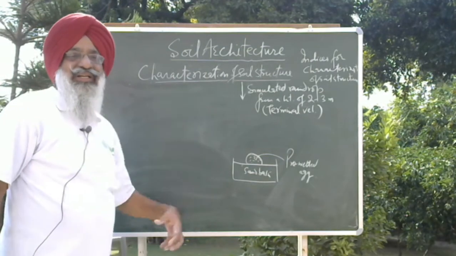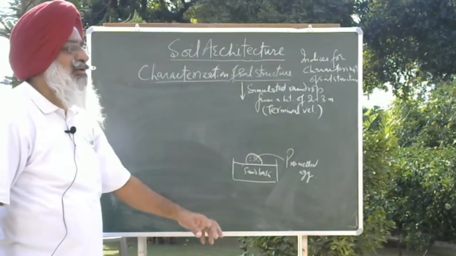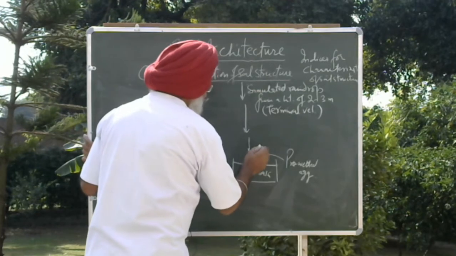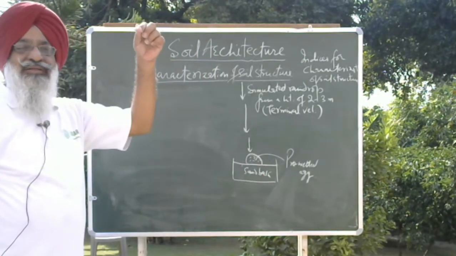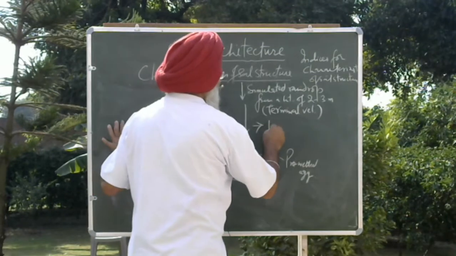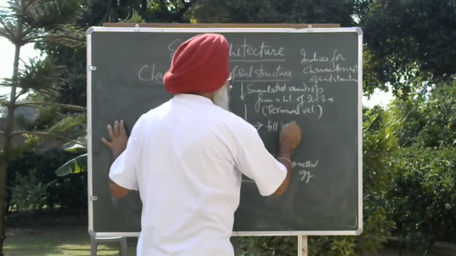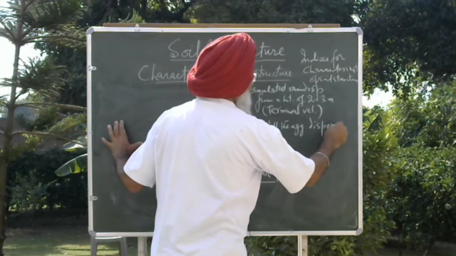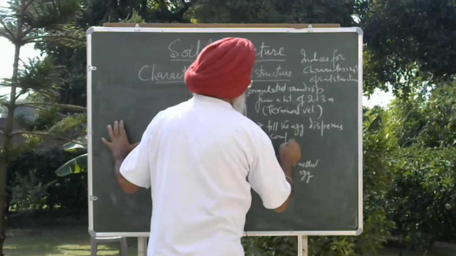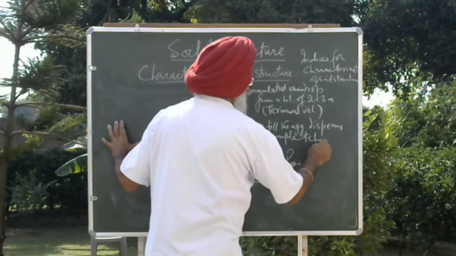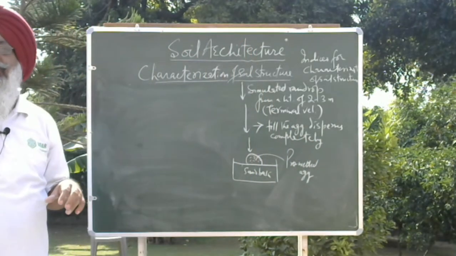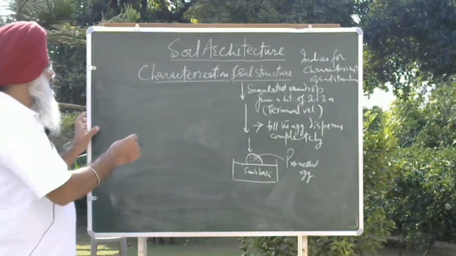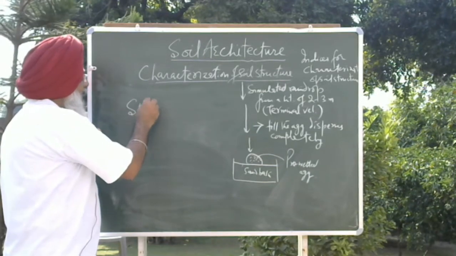Its velocity is not accelerating, that is called terminal velocity. So, this drop is then led to fall on this aggregate, till the aggregate disperses completely.